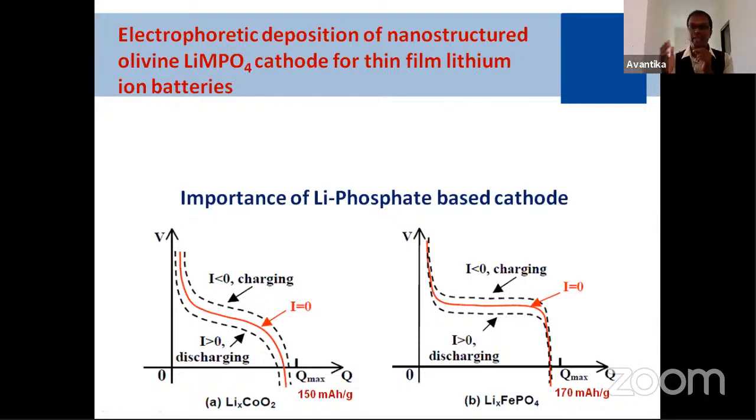This is the main advantage of phosphate-based material compared to oxide-based materials. In this plateau region, you can save power and you can save a lot of time, which means the discharging time gets longer.